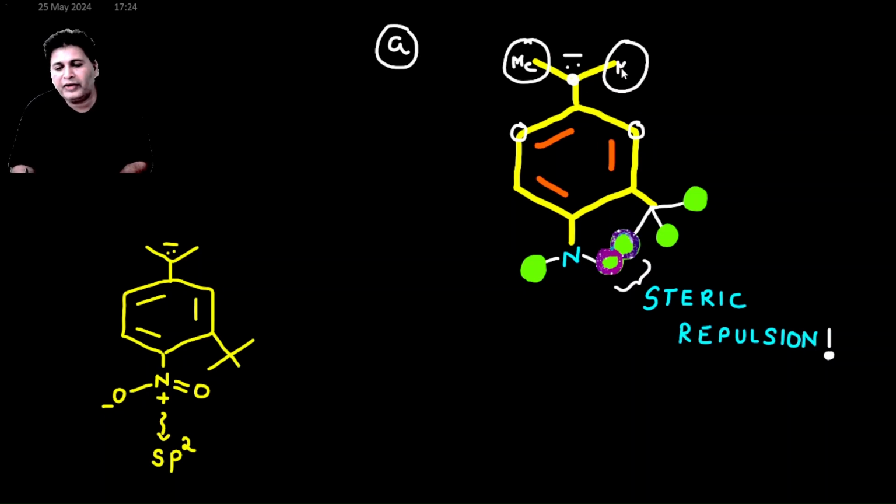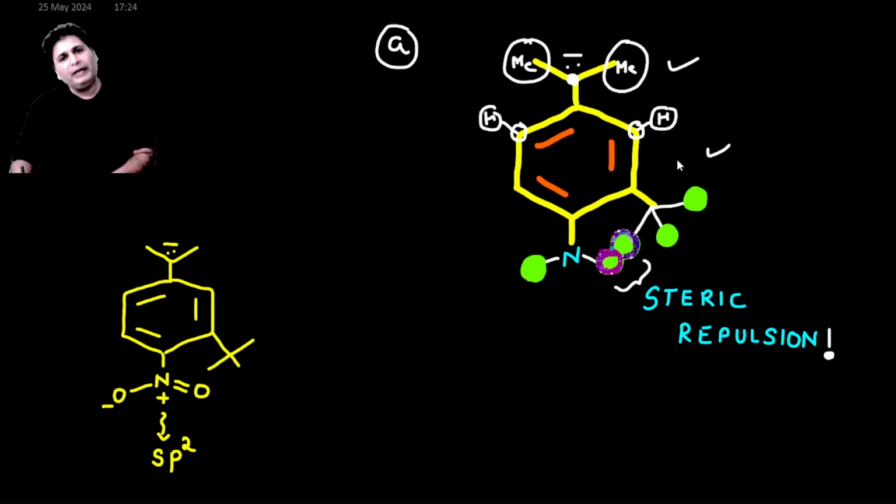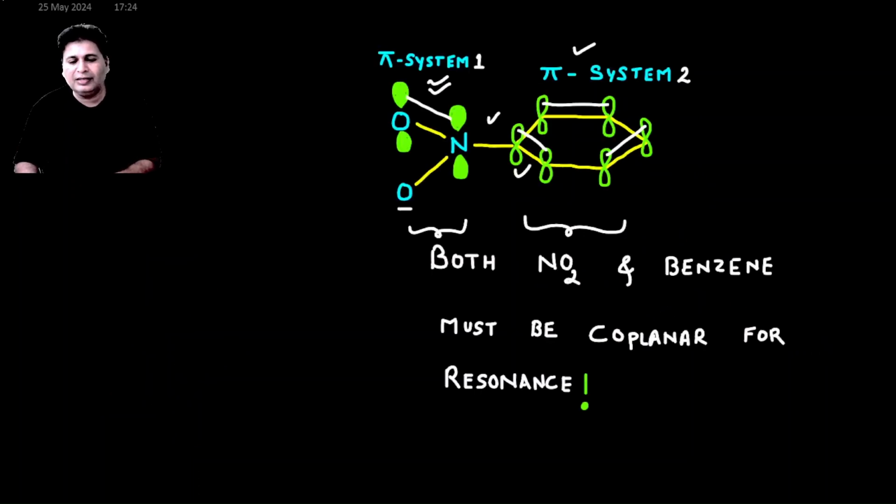They will not face any problem with these small hydrogens. There will be no steric repulsion because of these two hydrogens. So, as I have already told, this group is going to be coplanar with the benzene ring, and a situation like this will come.